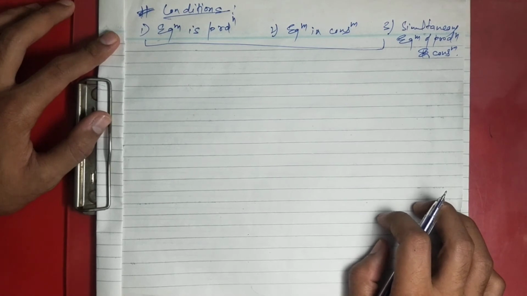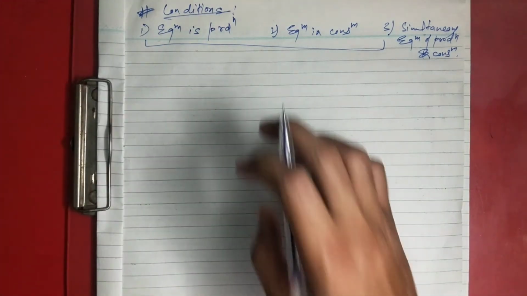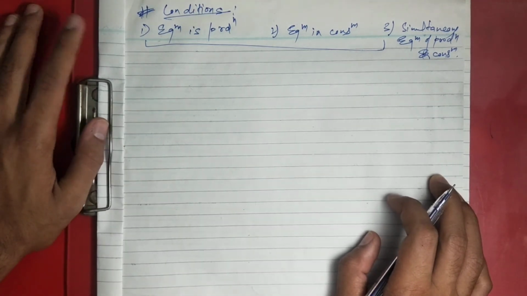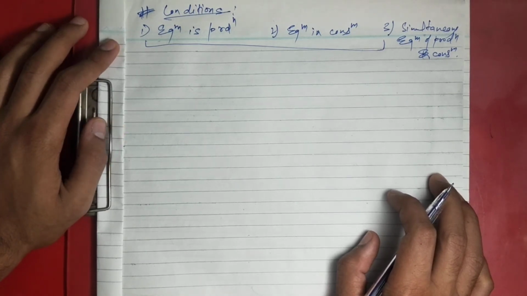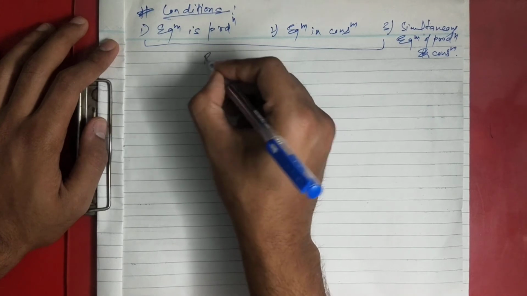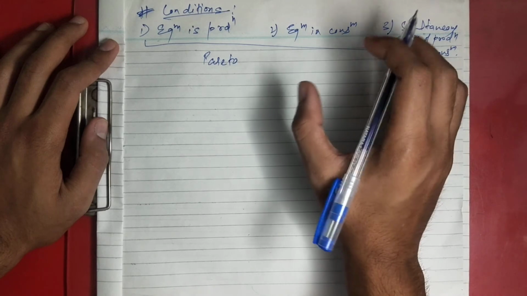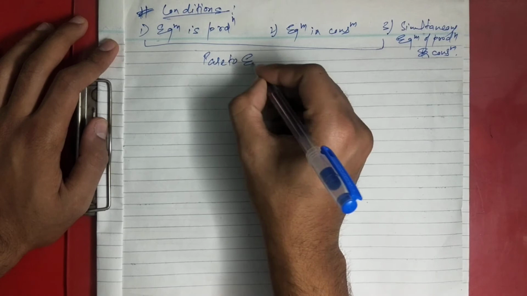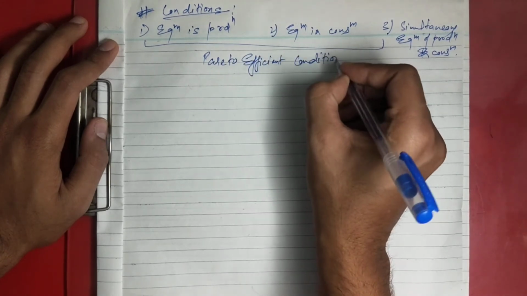It is called the Pareto efficient condition, which I was telling you in game theory that I was going to tell you afterwards. So here comes the time, and these three static properties are called Pareto efficient conditions, given by the Italian economist Vilfredo Pareto. Okay, so combining these three, if anything satisfies these three properties, it will be considered Pareto efficient. Also we can say it as Pareto efficient condition.